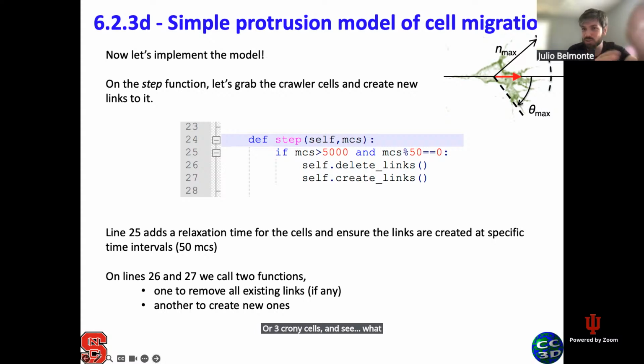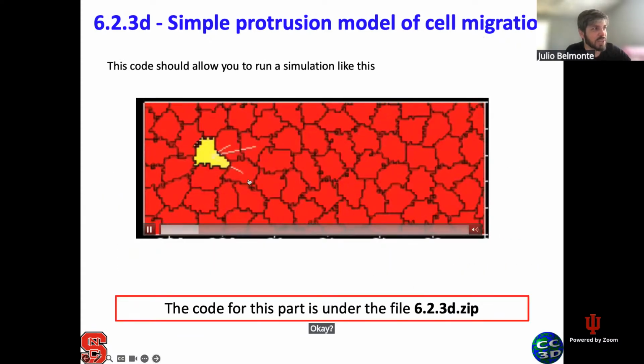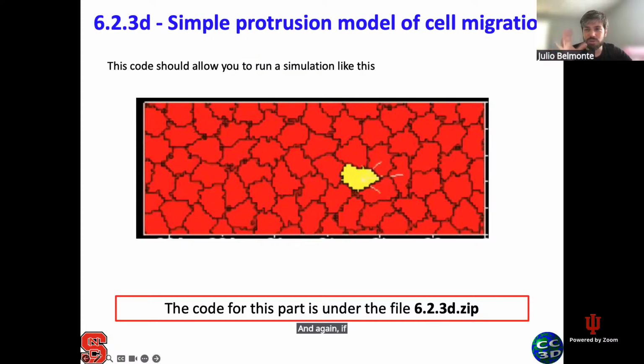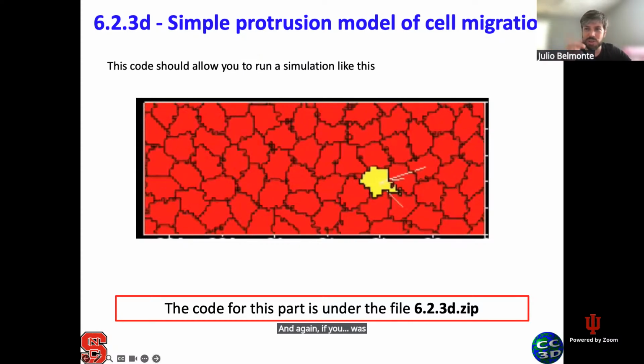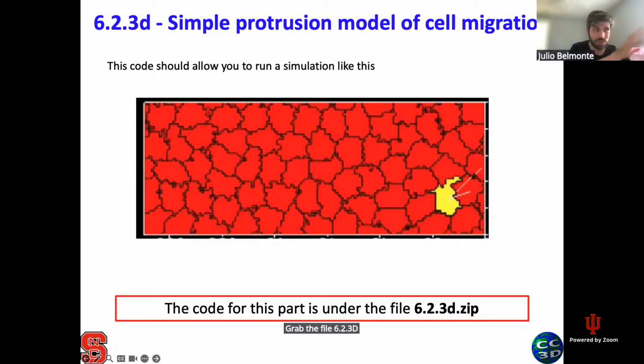It would be fun to have 2 of them move at the same time. Let me just answer one question in the chat and then you can move to the next exercise. You should be getting something that looks like this. And again, if it was too much to code, you can always grab the file 6.2.3D and then you should have this working version.